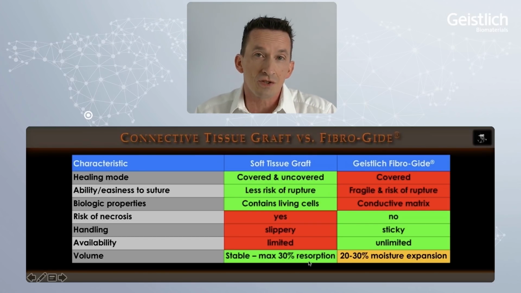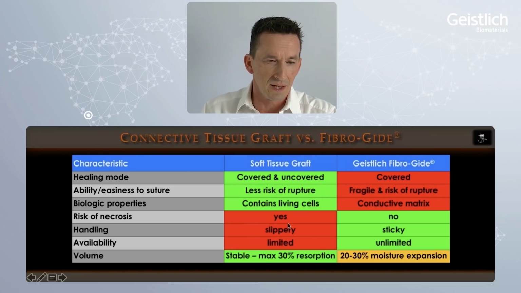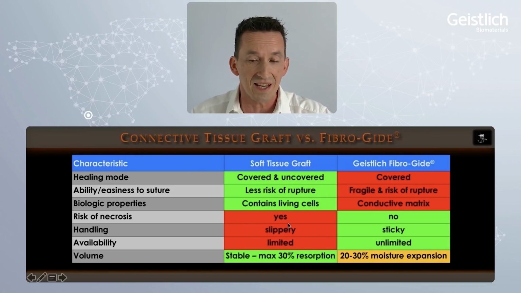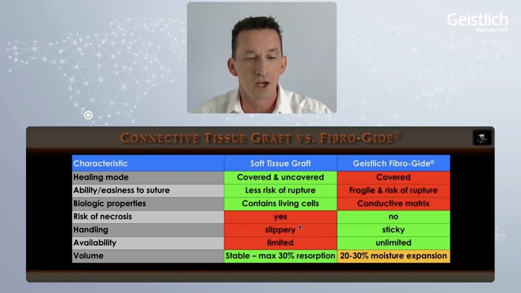The disadvantages of the soft tissue grafts are the advantages of the Geistlich Fibro Guide. There is no risk of necrosis. Even if you end up with a dehiscence, you don't have a necrosis because you don't bring in living tissue.